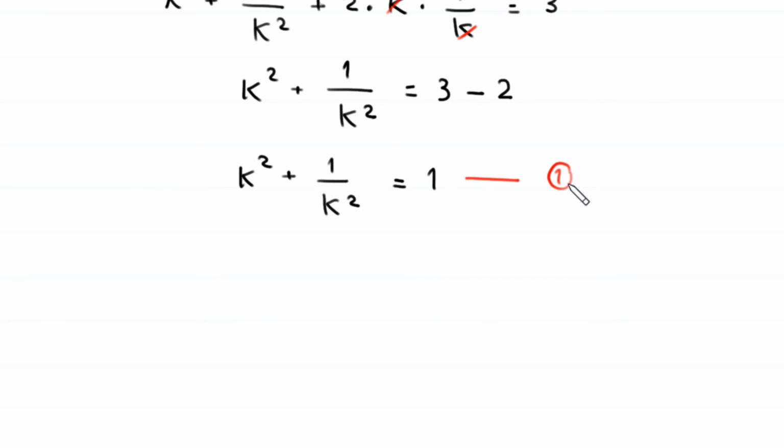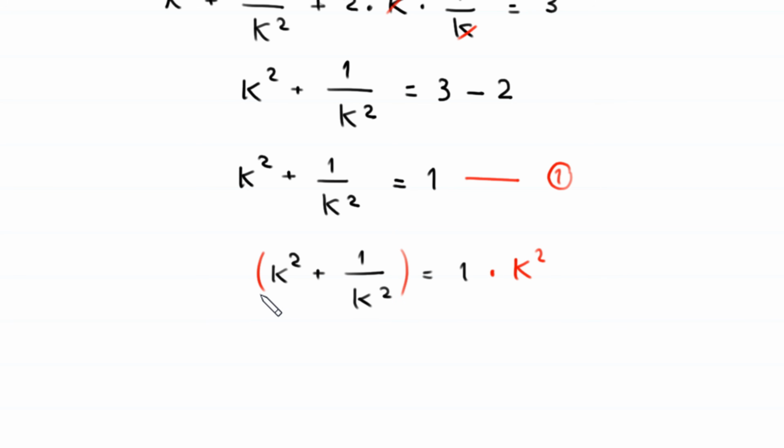Now first we find the value of k to the power 6. So we multiply both sides of this equation by k squared. Equation 1 is k squared plus 1 over k squared equal to 1, and we multiply both sides by k squared.